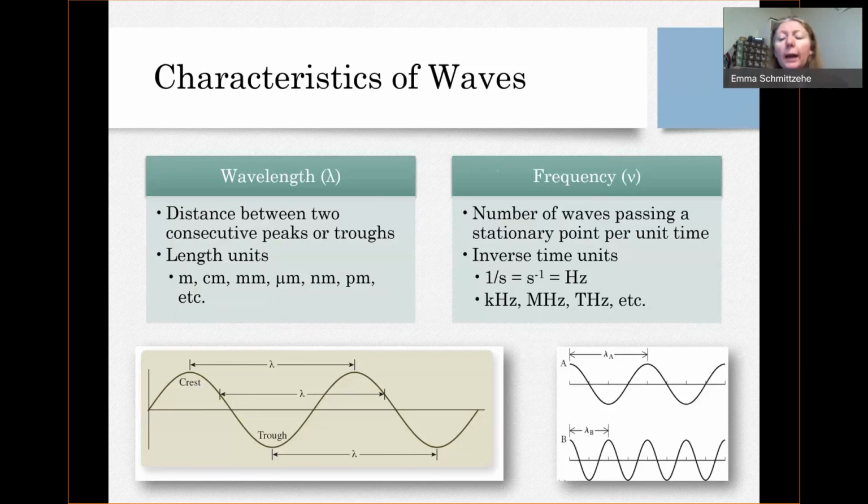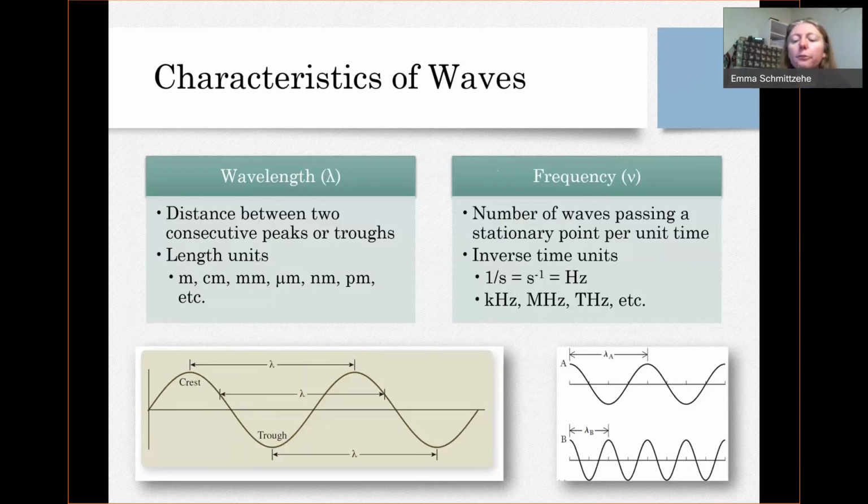But if we look at that second picture that I have here of waves, you can see two different waves, wave A on the top and wave B on the bottom. And since we don't have this really in motion right now, we're just going to keep that fixed distance and consider that our time axis and count how many waves pass in that time frame.